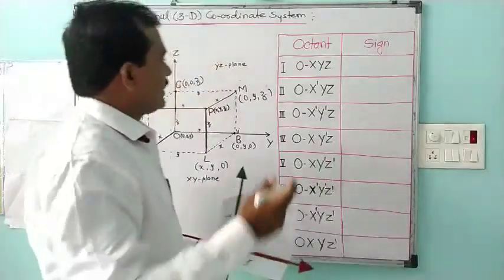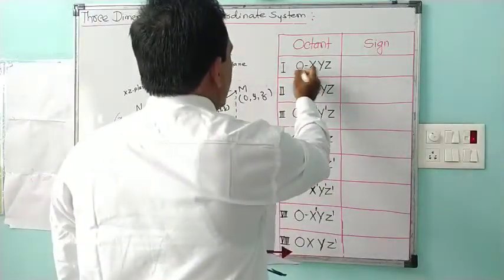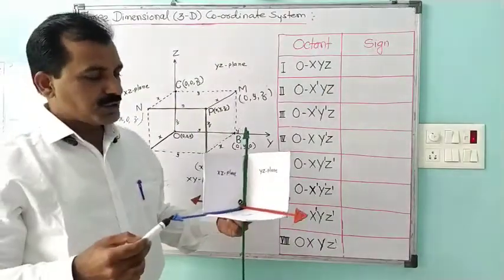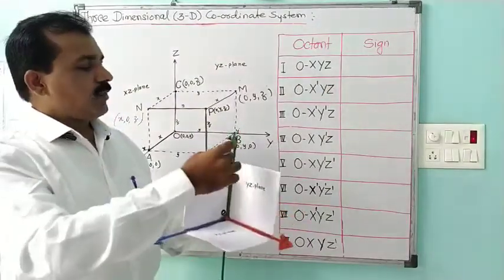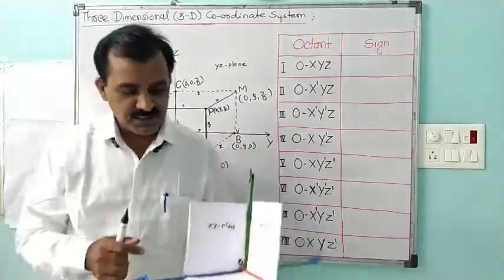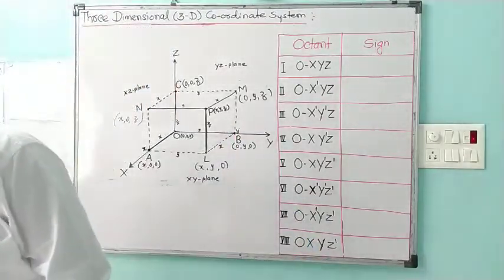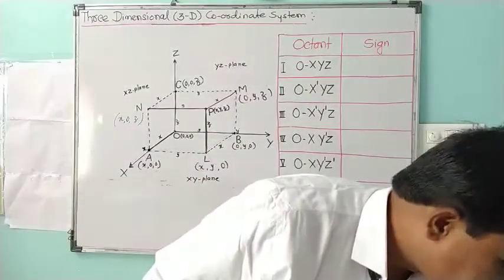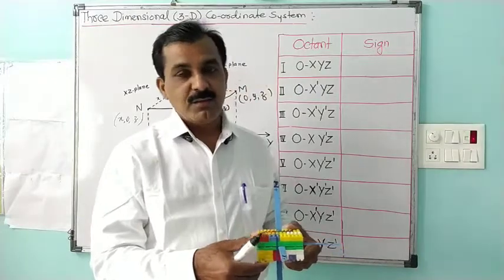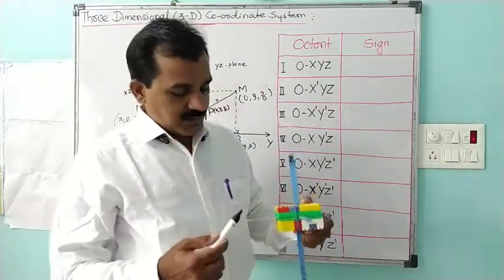We have considered this as the first octant, which we see as O, positive X, positive Y, positive Z. In this octant, I will consider another teaching aid, which is prepared by my dear Mrs. Lalita for our discussion.